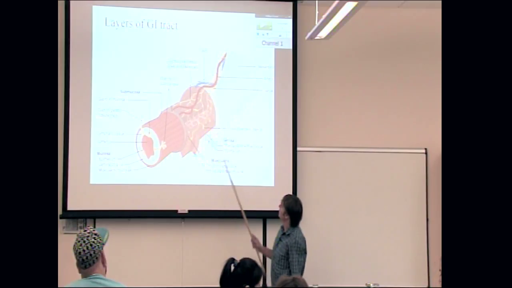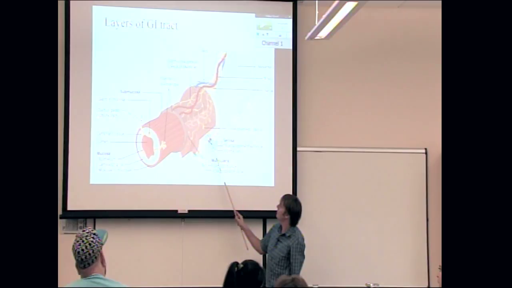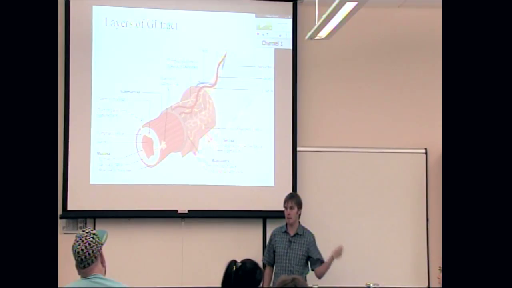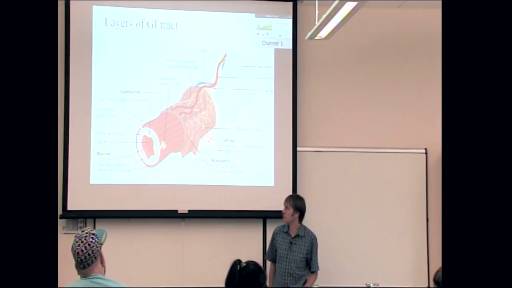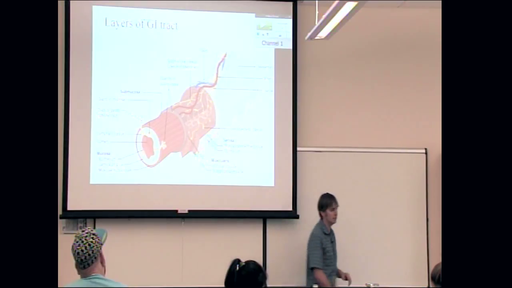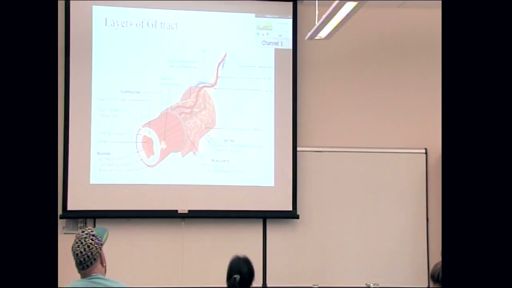What's next? And then way out here, you've got your serosa, which you remember is a membrane, which means it's got an epithelial layer and a connective layer. So it's quite the number of layers there to get through.